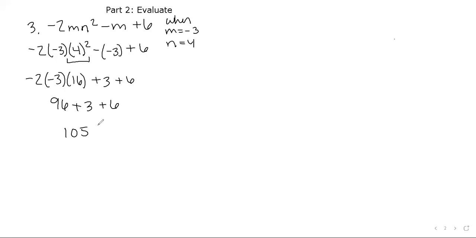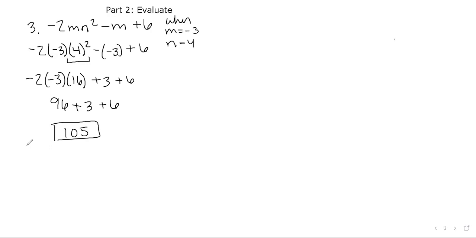This is what I want you to do, whether you use the calculator or not. I want to see these lines on your paper. I want to see the steps that you are taking to get there. Whether you use the calculator or not, I need to see the thought process, okay? So this is number 3, all right?